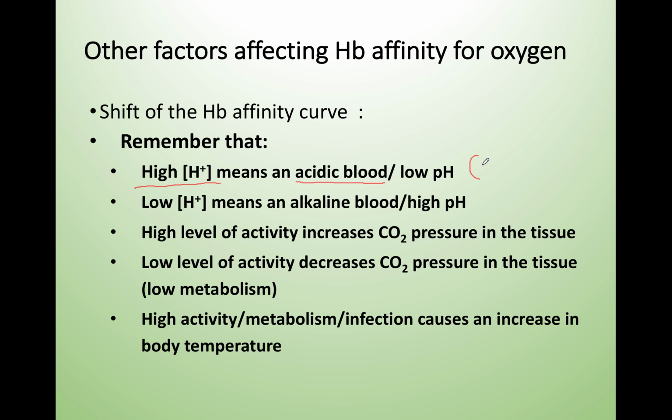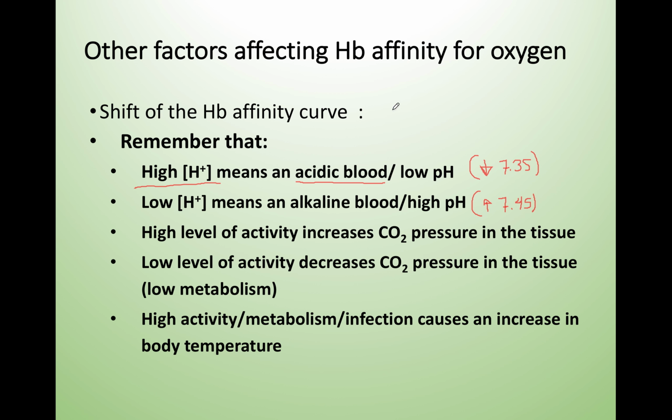The actual number we're talking about in humans is anything below 7.35. And low hydrogen means your blood is alkaline or basic, which means you have a high pH, which for our body implies a pH higher than 7.45.